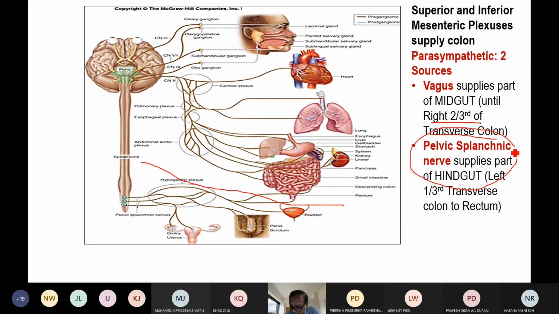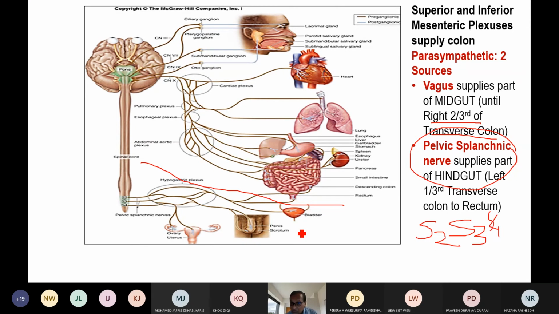The pelvic splanchnic nerve, S2, S3 and S4. The pelvic splanchnic nerves S2, S3, S4 supply the left one-third of the transverse colon, and not only that, they supply the descending colon, rectum, and other organs like the genital organs and urinary bladder.